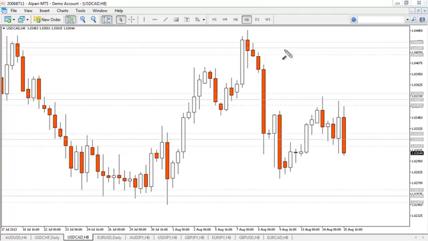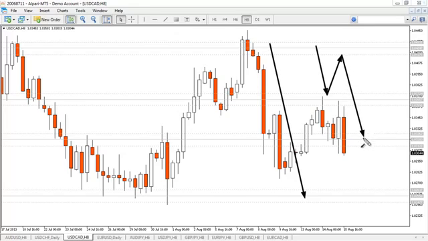So just because the weekly chart is moving down, price on the 8 hour chart is not going to move straight down. There's always going to be points in that trend where price has to come back up for a bit and then move down, and has to come back up for a bit and then move down and then come back up.